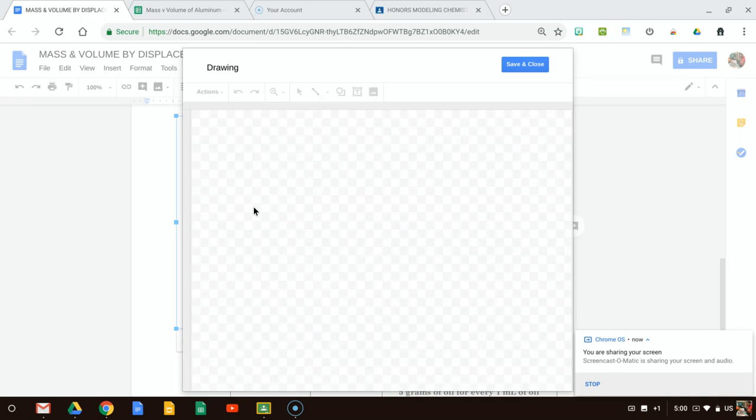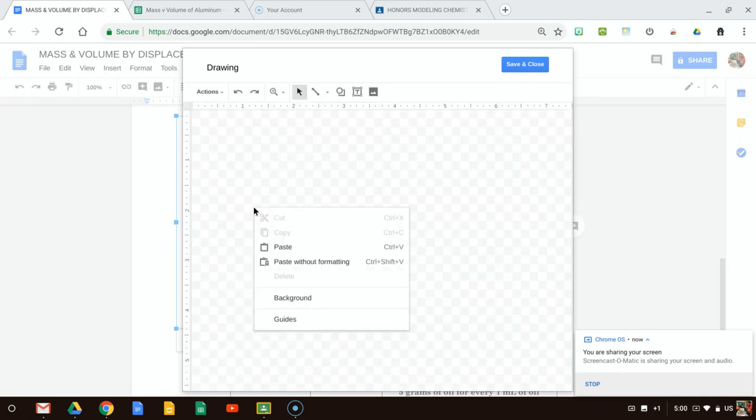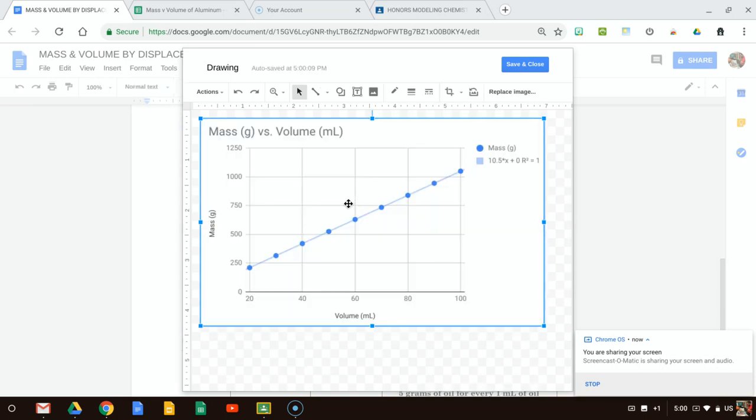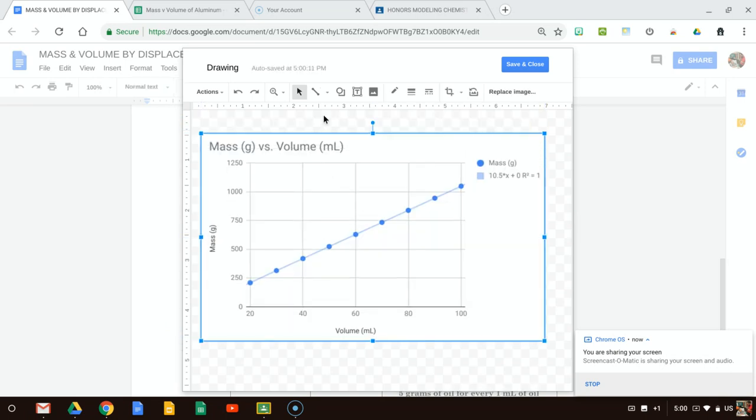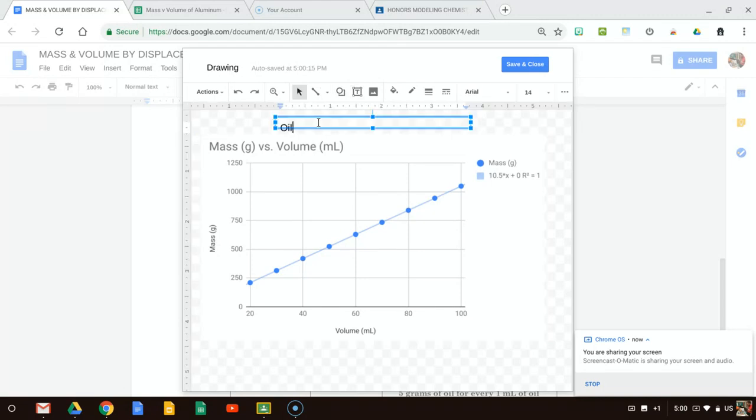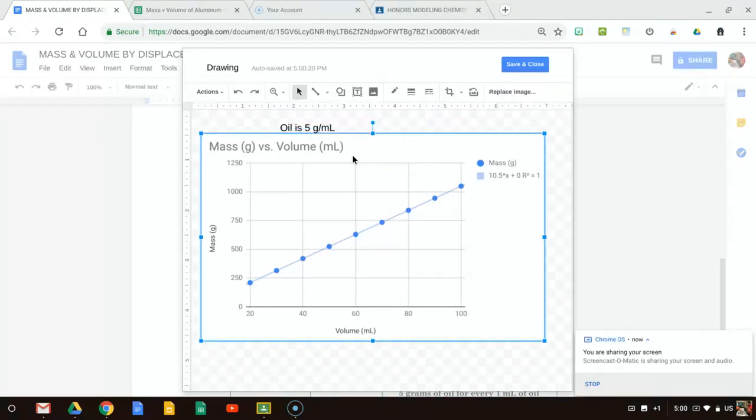I'm going to show you how we could sketch a line for this graph. I know that this crude oil is 5 grams per milliliter, and on this graph right now I have silver, which is 10.5.